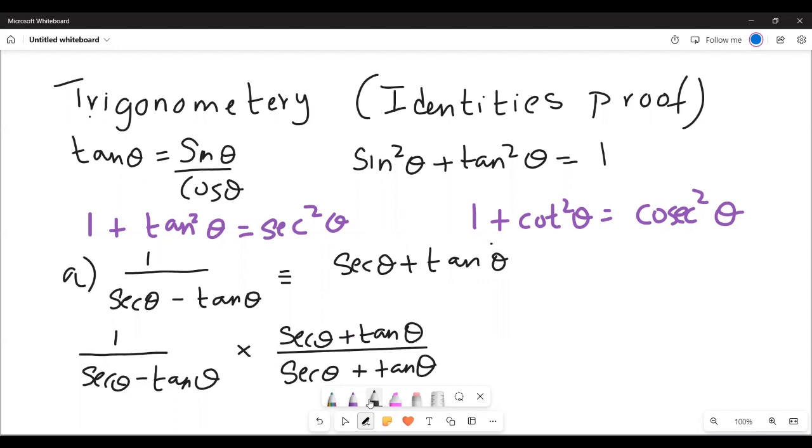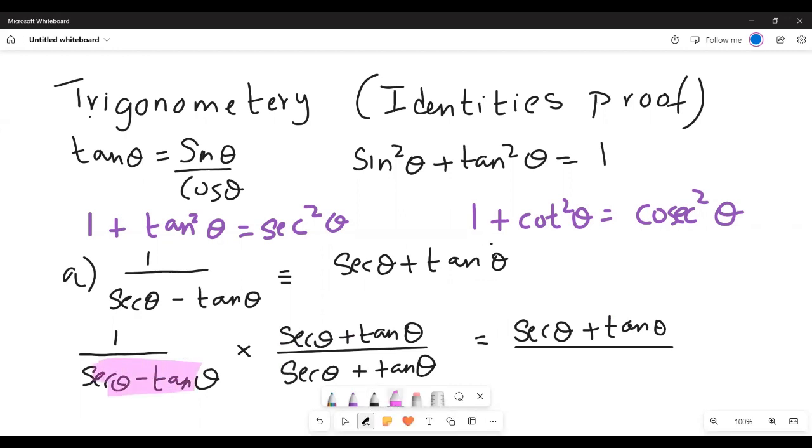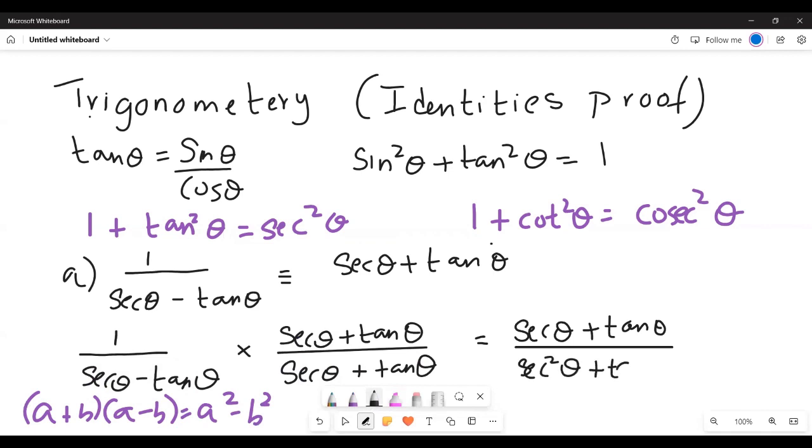Okay, done with that. So we have the required numerator. Numerator is now secant theta plus tan theta. However, we still have a denominator. In the denominator, we can use the identity A minus B times A plus B from O levels. What is the identity? A plus B bracket A minus B, that is A square minus B square. So that means this is equal to secant square theta minus tan square theta.